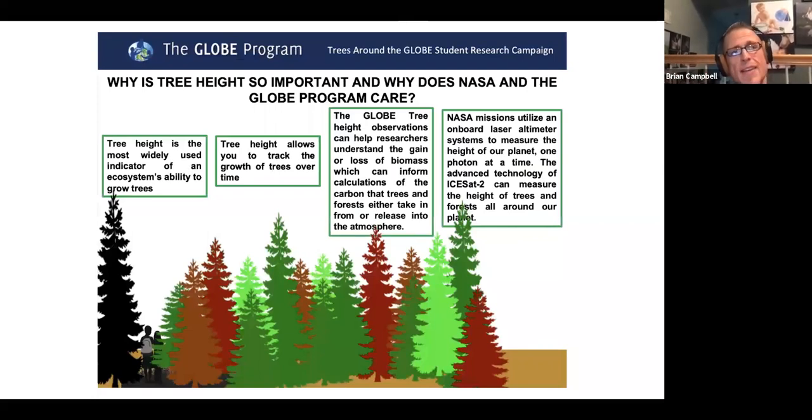And just a couple facts here: why tree height is so important and why does NASA and the GLOBE program care? My favorite one I like to say is tree height is the most widely used indicator of an ecosystem's ability to grow trees, and tree height allows you to track the growth of trees over time. The tree height observations help researchers at NASA and beyond to understand the gain and loss of biomass, which can inform calculations of the whole carbon cycle, what trees are taking in, what trees are storing.